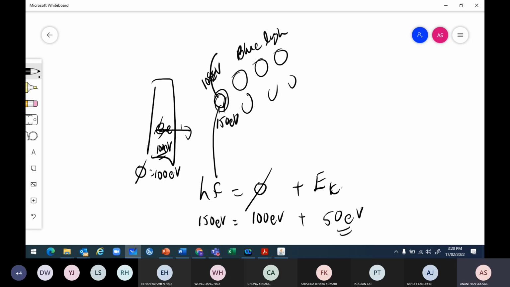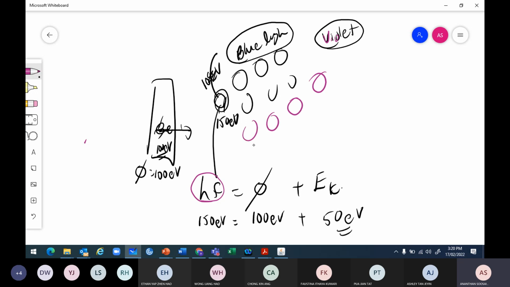This is the idea, you see. If you change the blue light to violet, what happens? The photon energy for violet is greater. The violet photon may have 200 eV because its frequency is high, since photon energy depends on frequency.